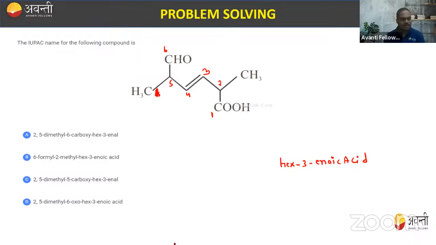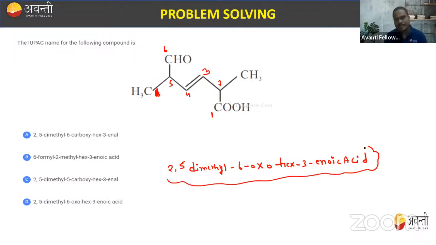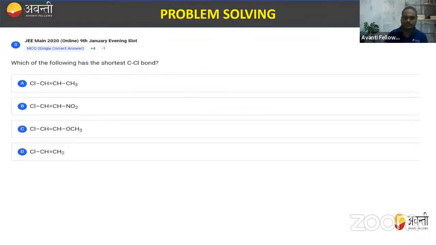Out of oxo and methyl, methyl is alphabetically named first, so 2,5-dimethyl, 6-oxo, hex-3-enoic acid. So 2,5-dimethyl-6-oxohex-3-enoic acid. Yes, option D is absolutely correct for this.